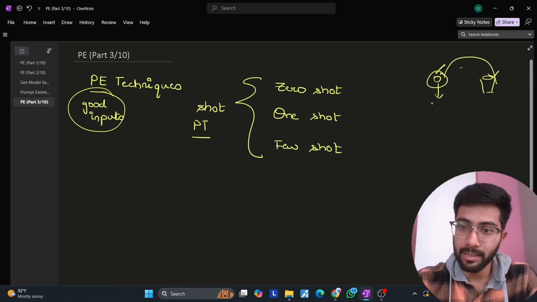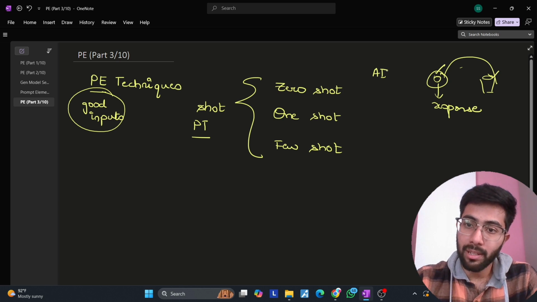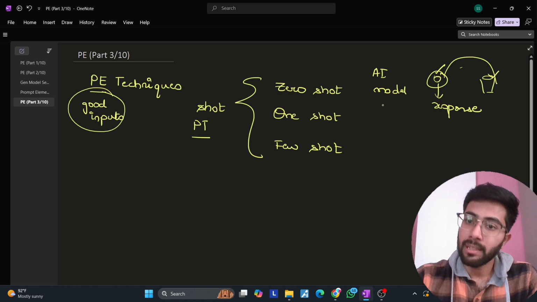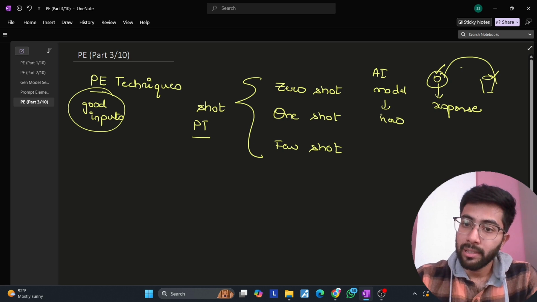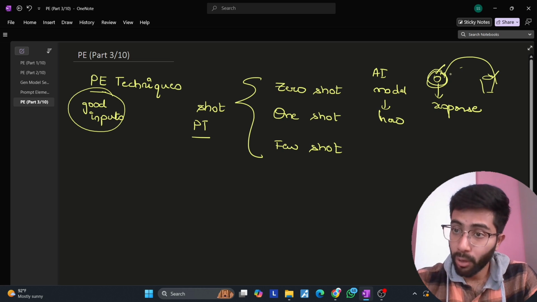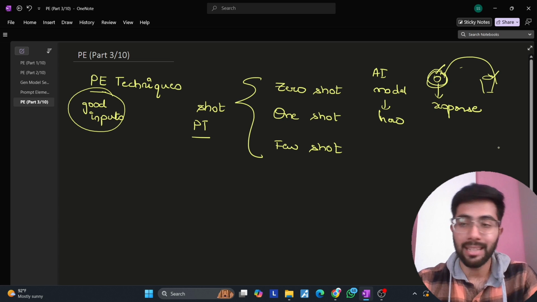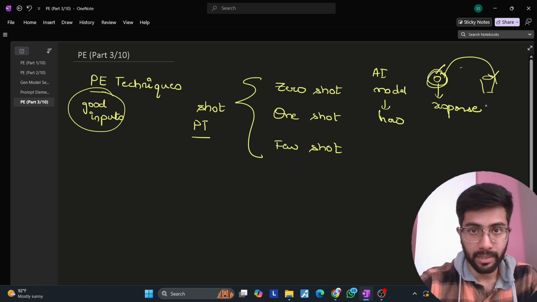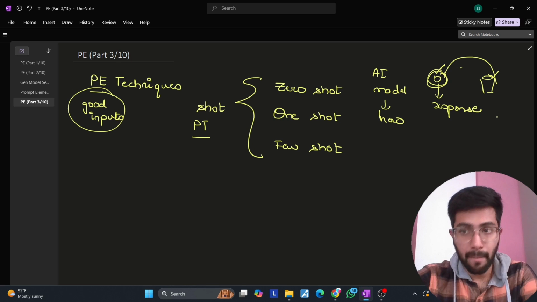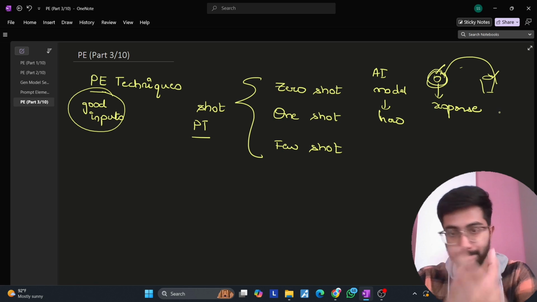The stone is a response, the AI model is the hero, and only if the stone falls into the glass is it a good response. Even if it doesn't fall there, it's a response, but only if it falls into the glass is it a good response.